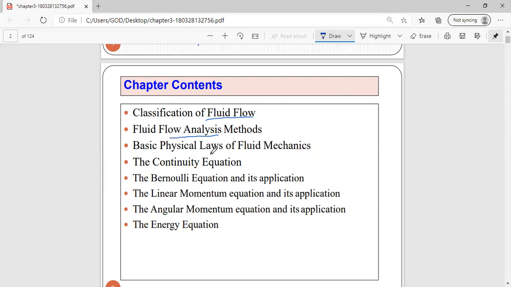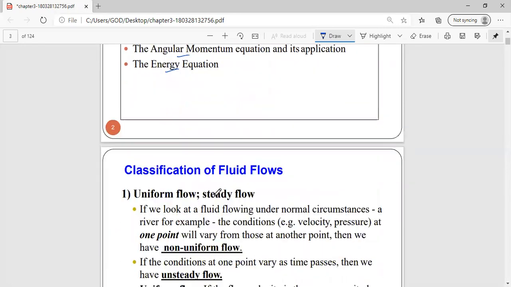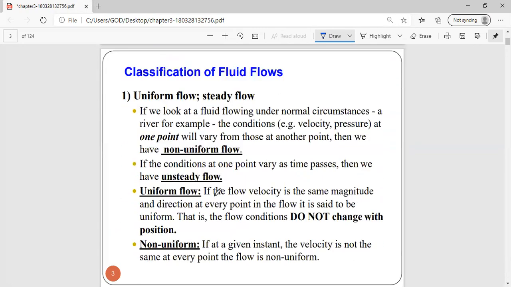And generally how many laws there are related to fluid mechanics, we'll discuss all that. Then the continuity equation for flow. Then we will derive the Euler equation. Based on the Euler equation, we will get the Bernoulli equation, and we'll discuss the linear momentum equation, angular momentum equation, and energy equation. The first topic of today's lesson is fluid flows.